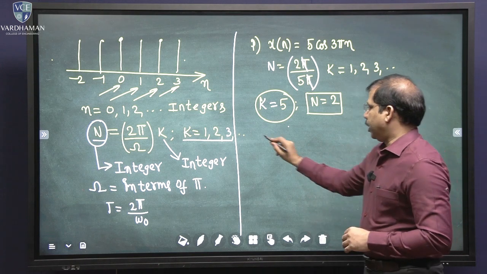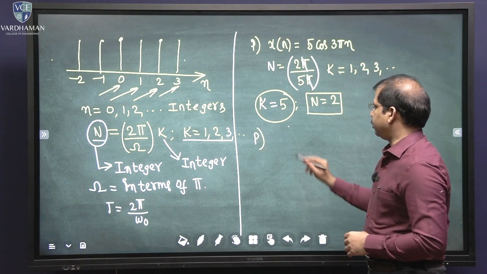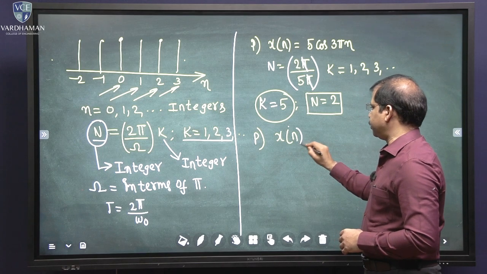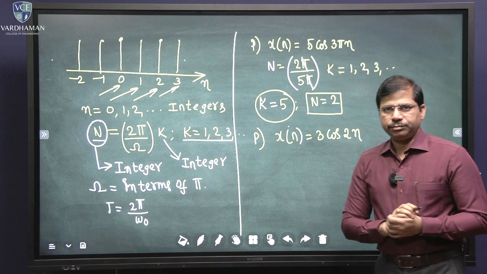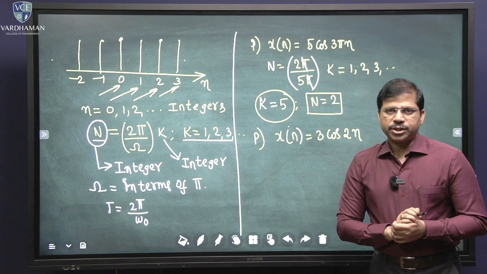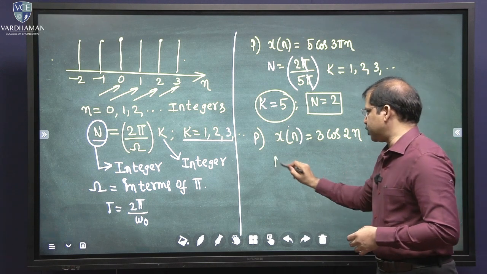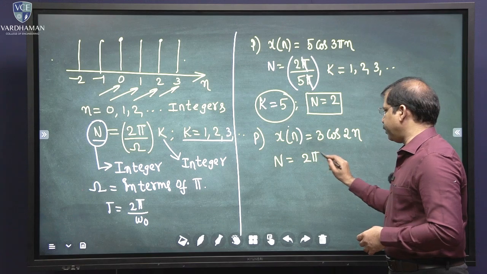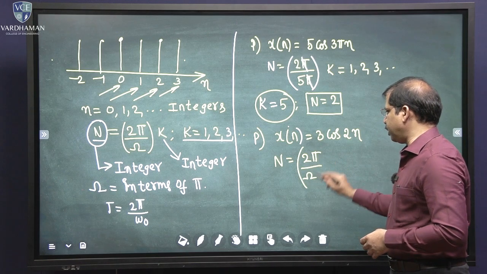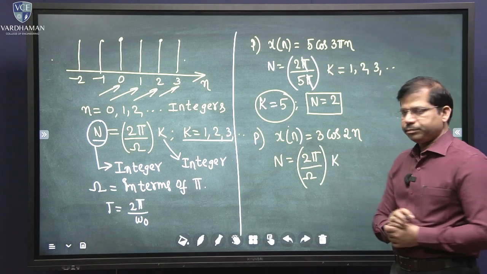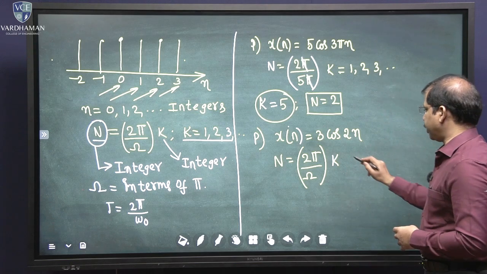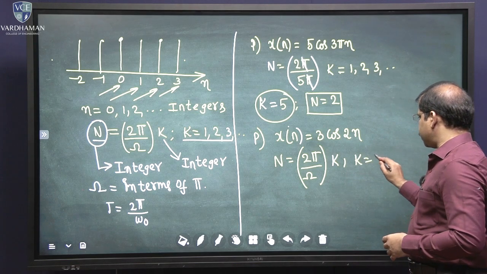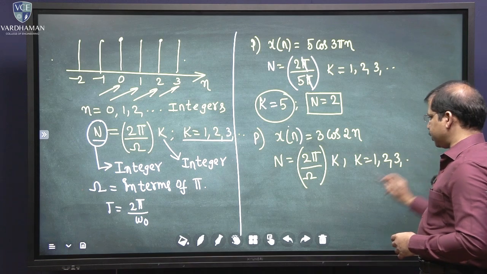Now let's take one more problem here. x of n equals 3 cos 2n. Now what is the time period of this signal? N equals 2 pi by omega into k, and again you can understand that k equals 1, 2, 3 and so on.